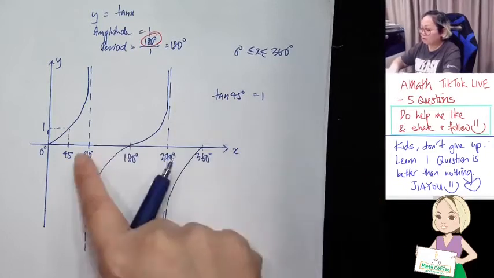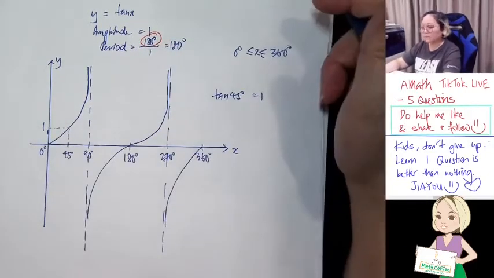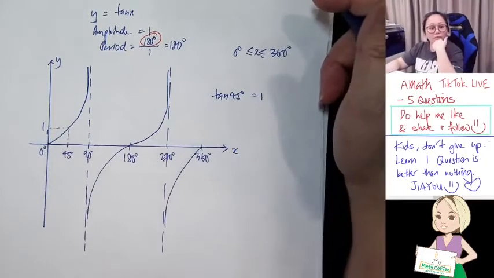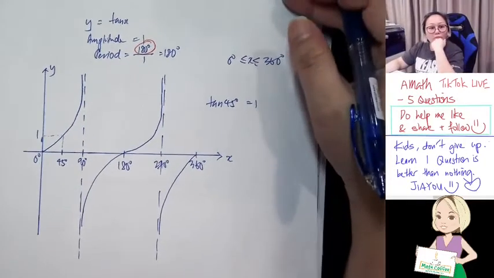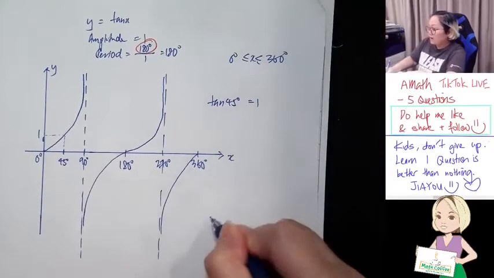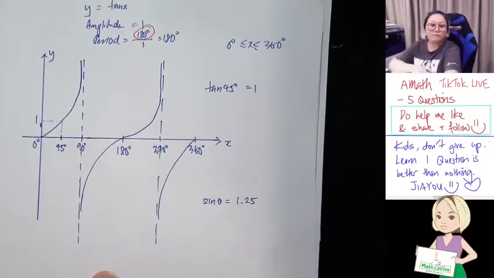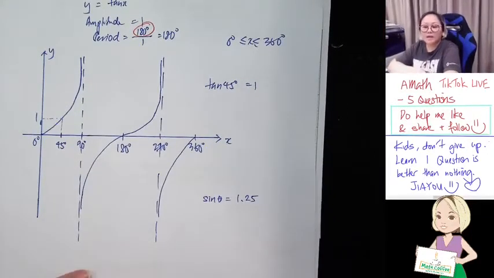So I simply go to 45 degrees, dot, 1, that's all. Because tangent is infinity. You know, when we have sine theta equals 1.25, will there be any answer? No, it's not always at 45 degrees.